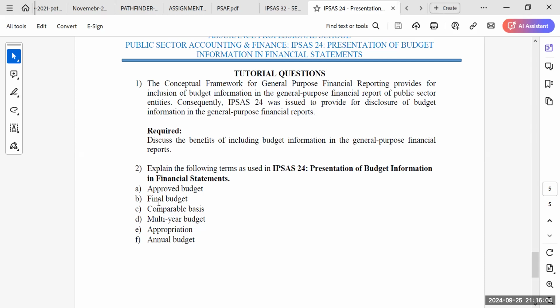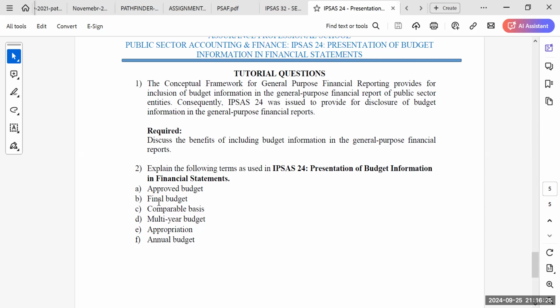So whether you include the budget information as an additional column in your financial statement, or it's presented in different statements or whatever, it should be part for comparability sake.